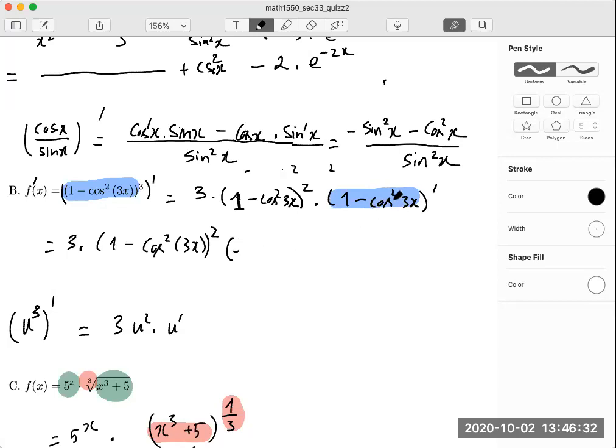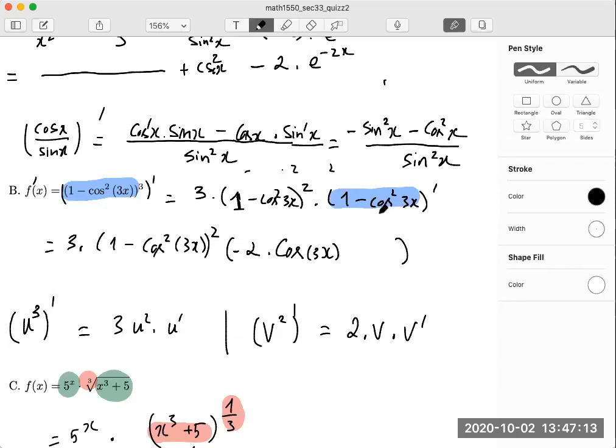Then cosine squared, derivative, right? It will be, yes, 2 times cosine, very good. And the derivative of cosine of 3x, right? Because in this case, this is the derivative of v squared, which will be the same formula, 2 times v prime.